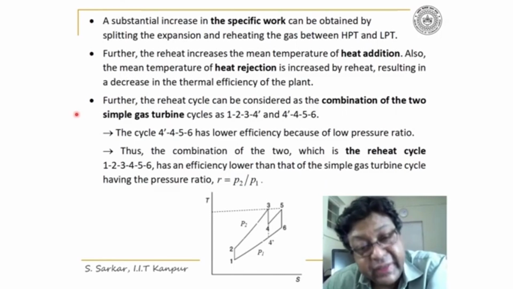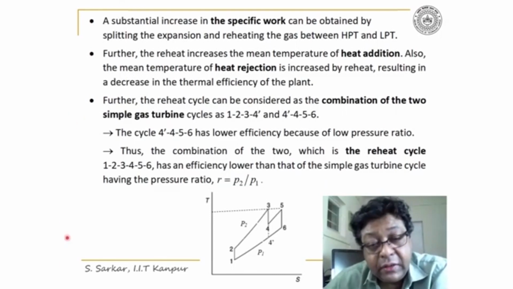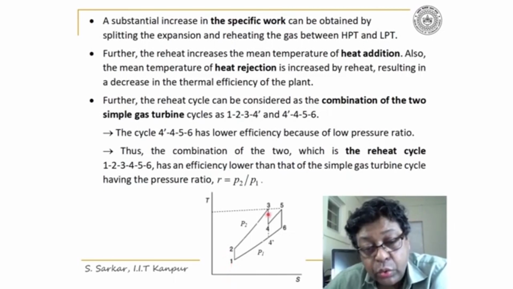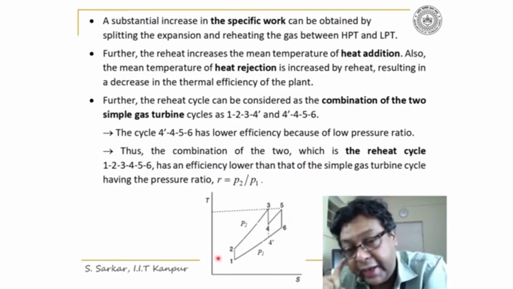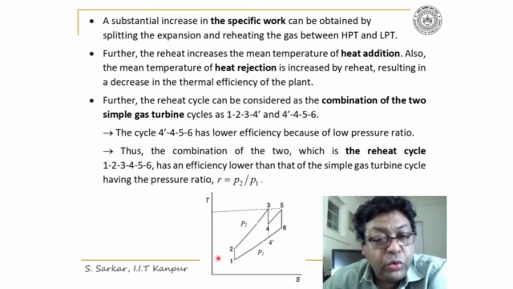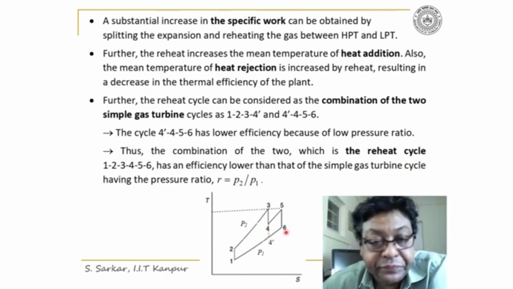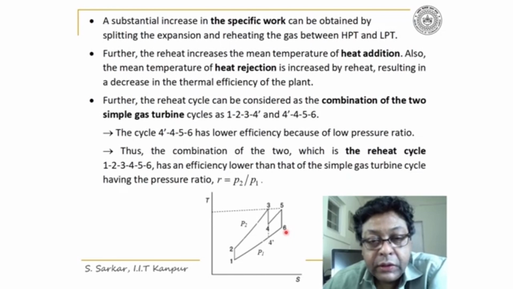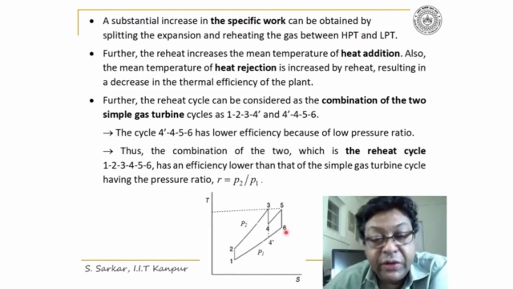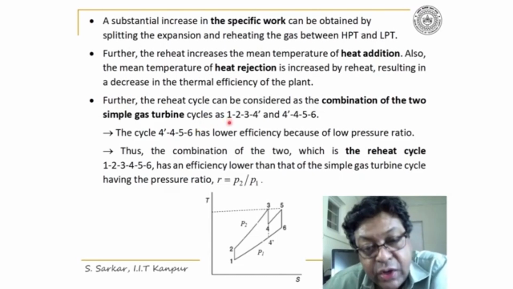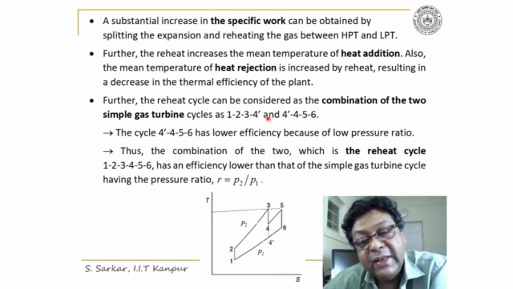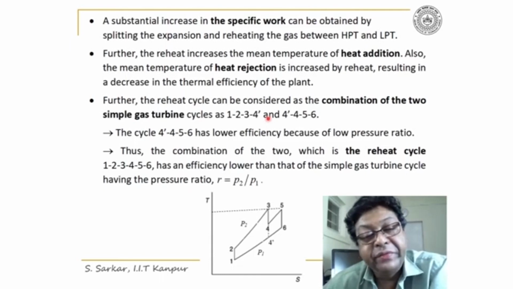Furthermore, I can say the reheat cycle, which is 1, 2, 3, 4, 5, 6, 1, is the combination of two simple gas turbine cycles, 1, 2, 3, 4 dash, and 4 dash, 4, 5, 6.